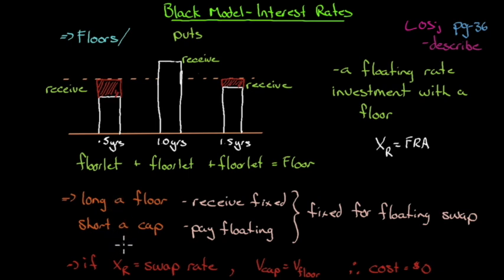So the two costs will offset each other. You'll receive fixed and pay floating. Well, what is that? That's a swap. That's a fixed for floating swap. Why?